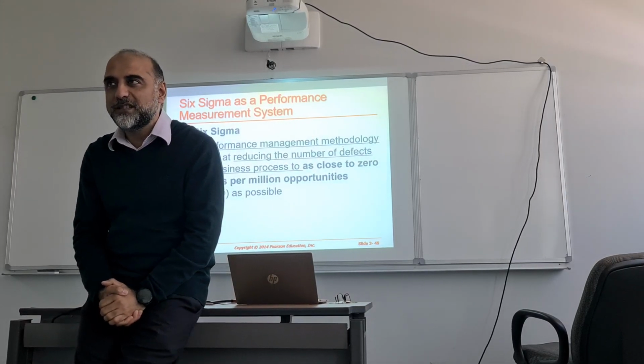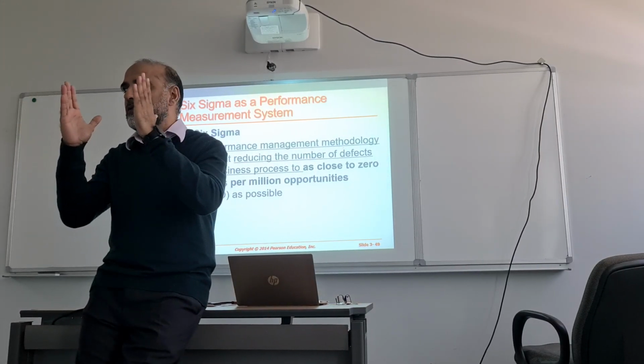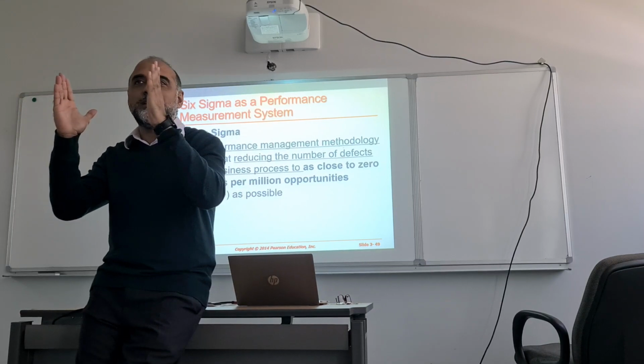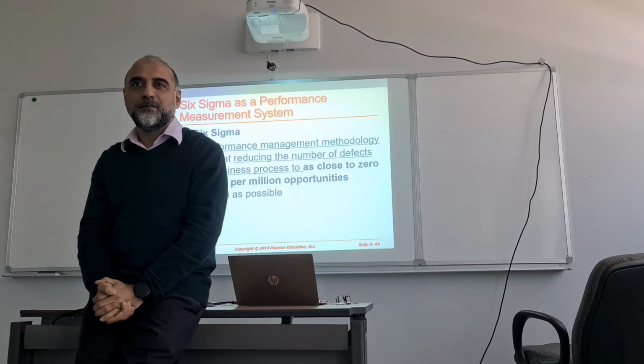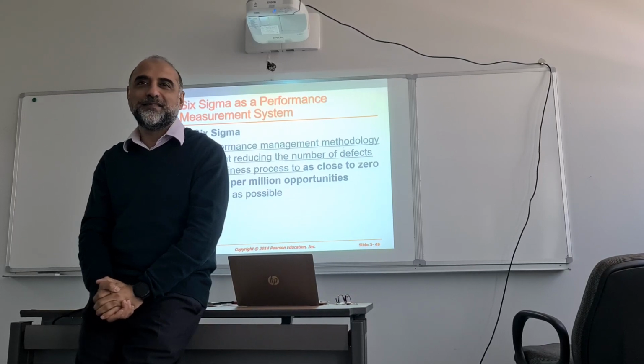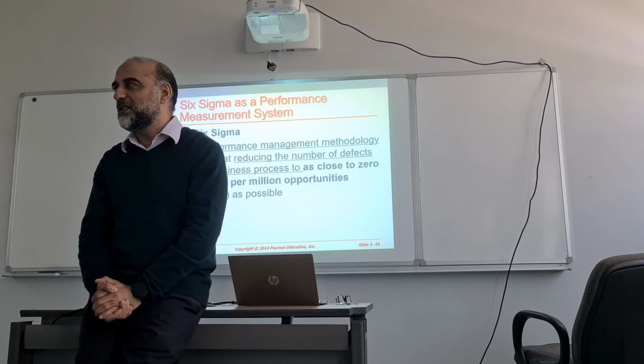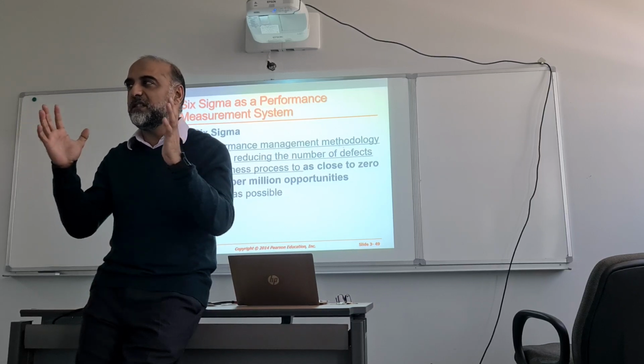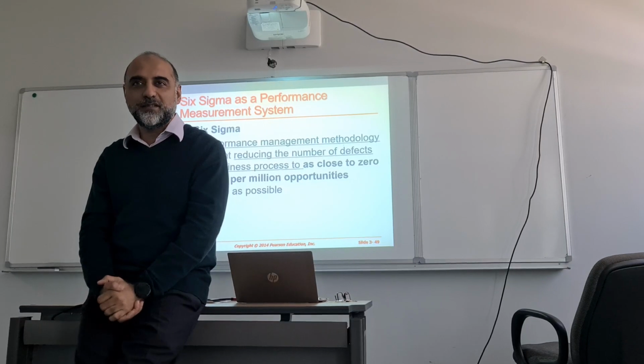You understand what we just did? We improved the process so that it stops going on the other side. I think you should show us a picture. I can show you in a second. But conceptually, are you understanding? So we are talking about reducing the variability in the process.